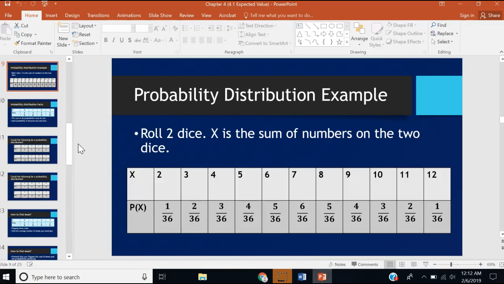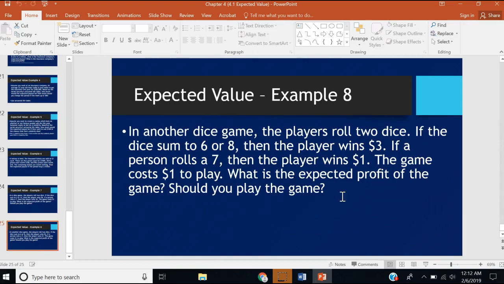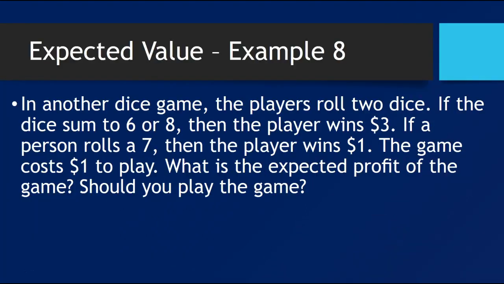So here's what I'll do. I want you to try example 8 on your own. This is the last example of section 4.1 of the notes. So push pause, try this example here.